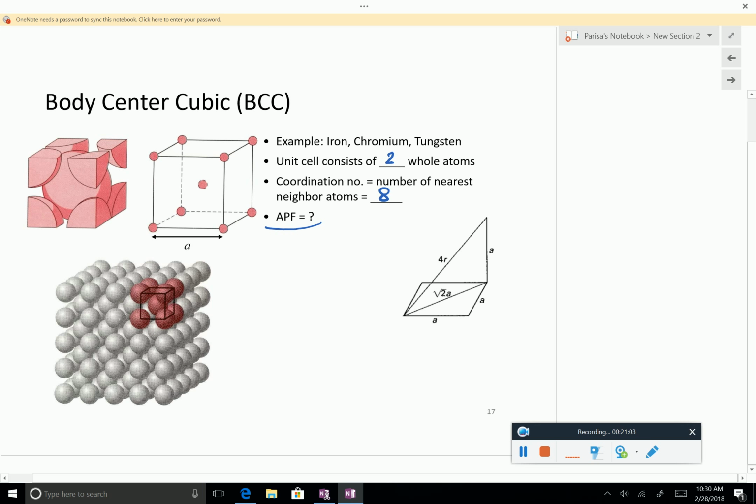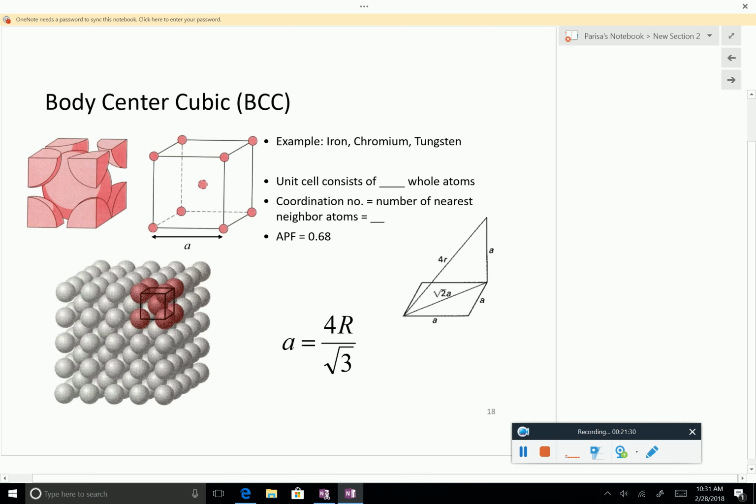We cannot really say A is equal to R because they're not really touching. What we know is touching is along the diagonal. Right? We know that along the diagonal, these 3 are touching. I think I have a better picture.